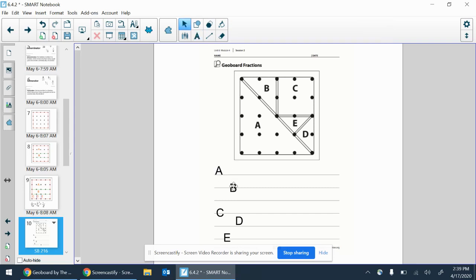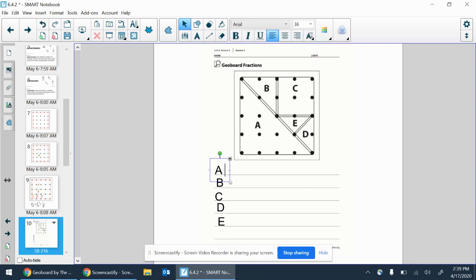So if we just started off with A, just like we did in our other shape, we could see that A, what does A look like to you here? It's a triangle, but what is the fraction of that, of our whole GeoBoard? Oh yeah, I see that it's 1/2. So you could write A equals 1/2.